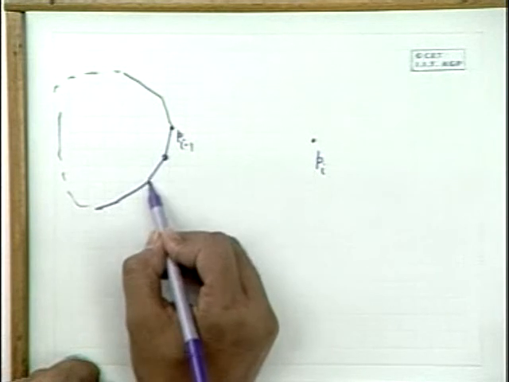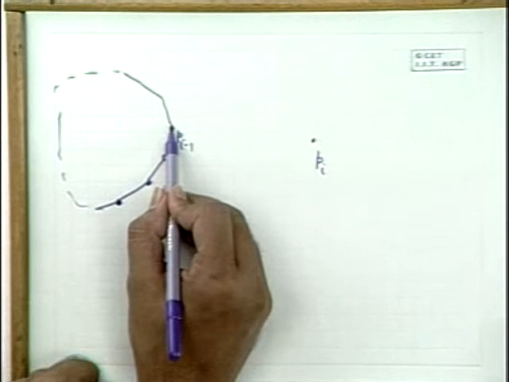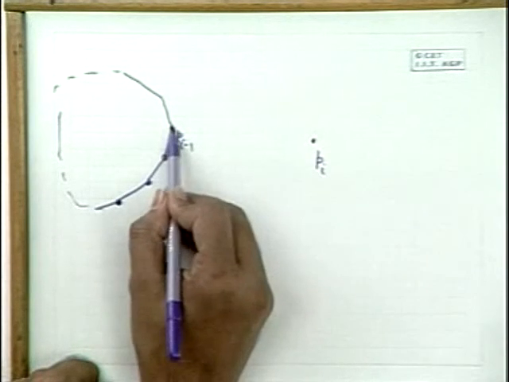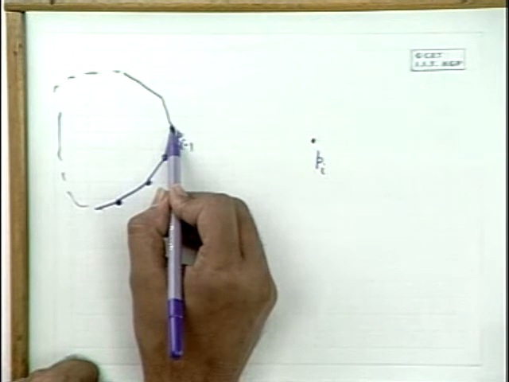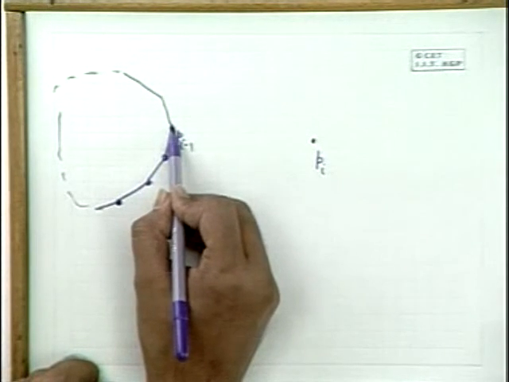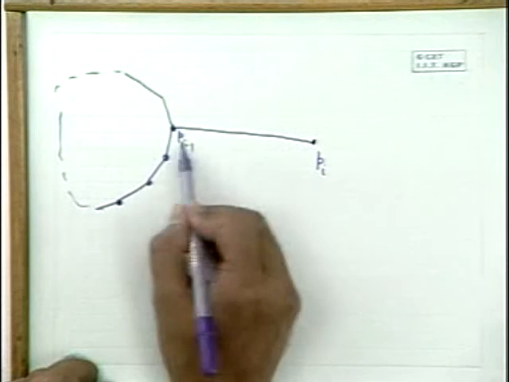So in this case, first we know Pi, and we also know what is Pi minus 1. That must be on the convex hull already, because that is the rightmost point. Rightmost point has to be on the convex hull so far. So what we do, first we join this line segment. We take this line segment Pi minus 1.